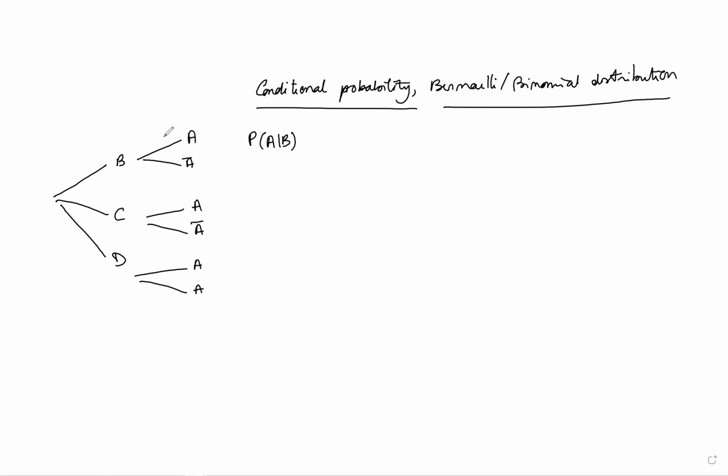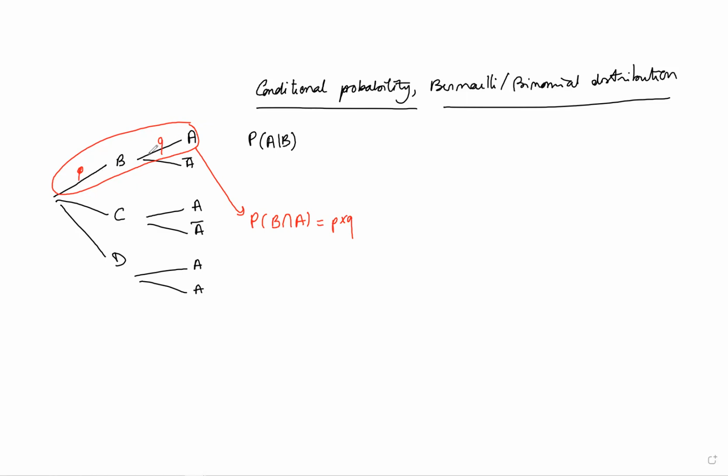Here, if you follow that branch, you will have a probability here, P, and here Q. On that branch of the tree, you have the probability of B and A, which is P times Q, because you multiply along the branch, okay?